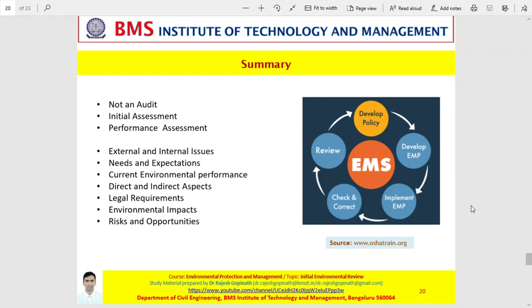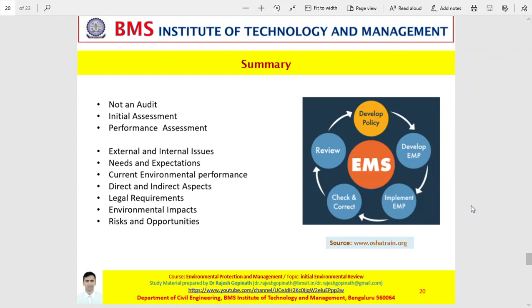To sum up an effective environmental review, please note the following. Firstly, it's about identification of the external and internal issues that can positively or negatively affect any organization's EMS. Next, it deals with determination of the needs and expectations of stakeholders.